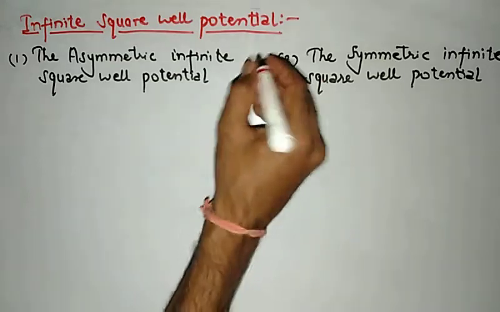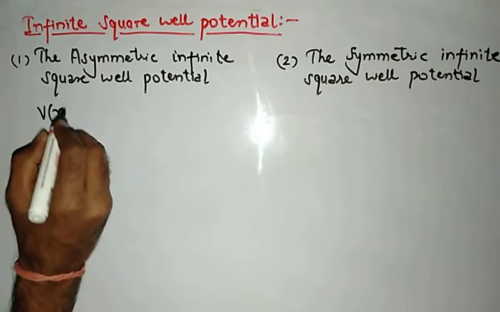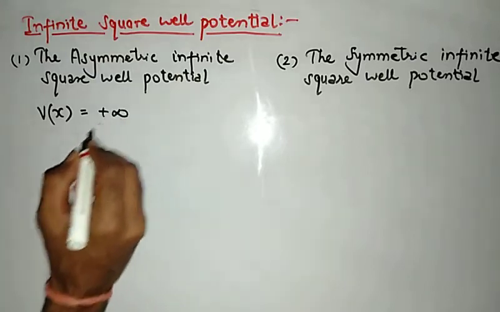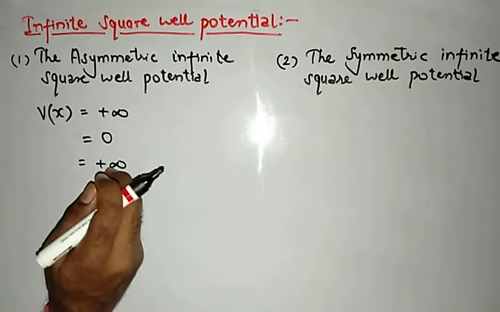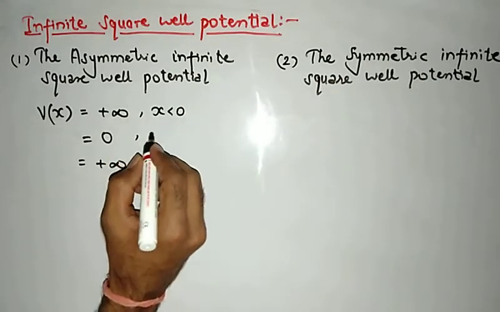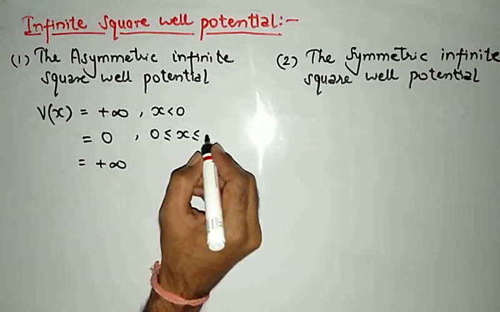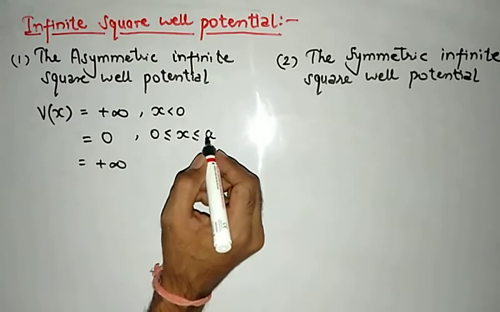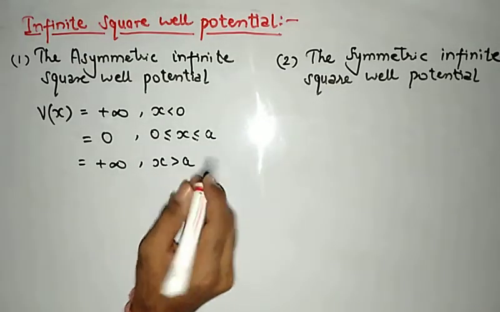Now, what is the main difference? Here the potential is of the form infinity for x less than 0, 0 for x greater than or equal to 0 and less than or equal to a, and again infinity for x greater than a.